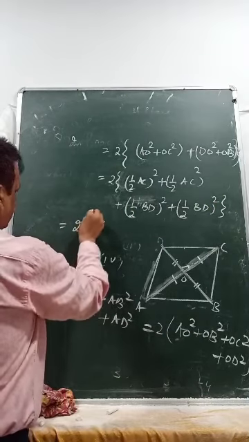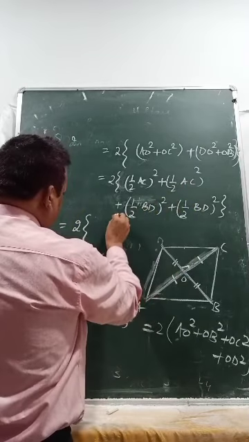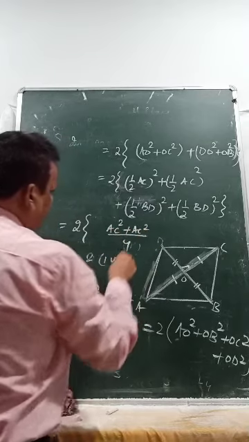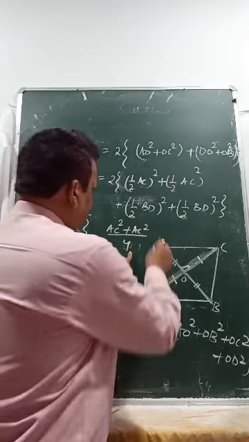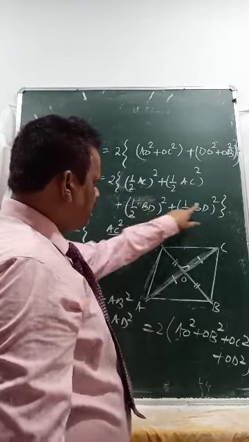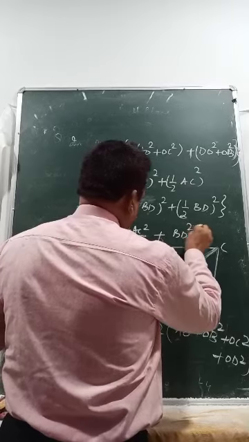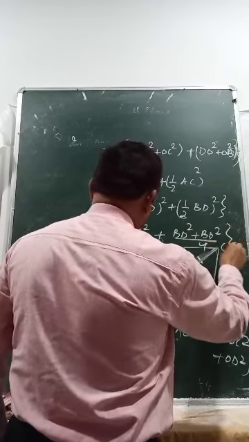That is 2 times AC square by 4 plus AC square by 4, because here it is 1 by 2 squared, 1 by 4. Similarly, BD square by 4 plus BD square by 4.